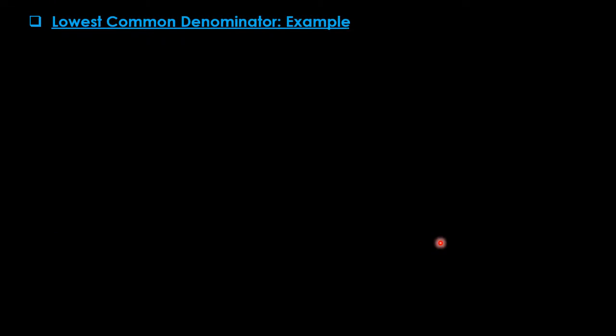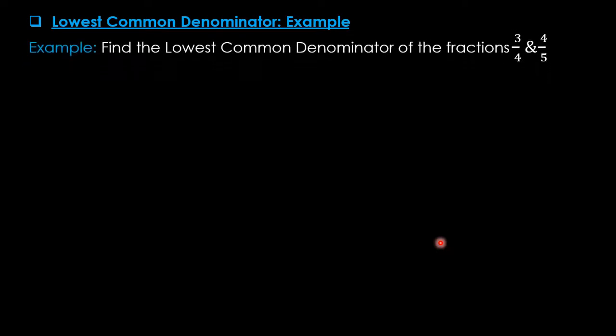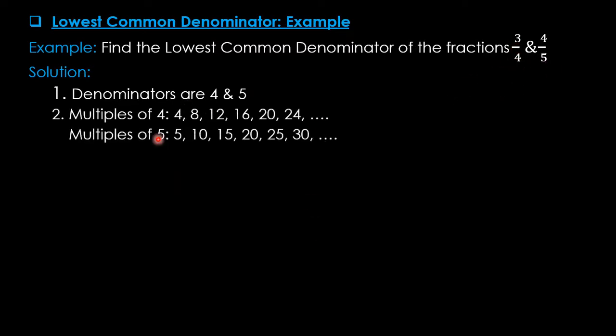Let us have an example of the lowest common denominator. Find the lowest common denominator of the fractions 3/4 and 4/5. Solution: first, the denominators are 4 and 5. Number 2, multiples of the first denominator, 4: 4 times 1 is 4, 4 times 2 is 8, 4 times 3 is 12, and so on.